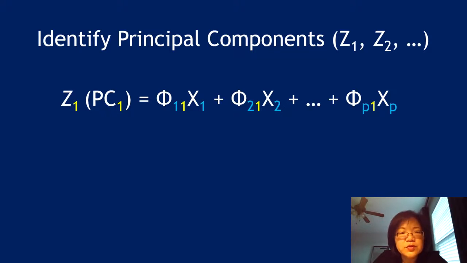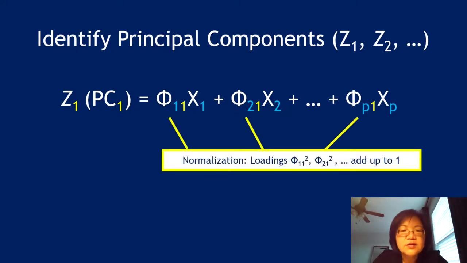What we're searching for are these Phi1, Phi2, all the way to PhiP, what we call loadings or coefficients, that will help us maximally capture the variation in the data. These loadings are normalized. Like we said, normalization is the process of making sure that the squared terms of these loadings add up to 1.